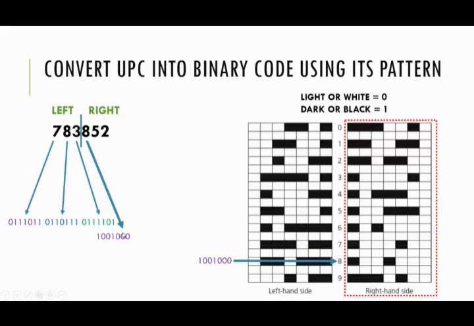So I write it here back. The second number here is 5. So 5 is here, and the equivalent of 5 is 1001110. We write it back here to form the binary equivalent of this whole product code.